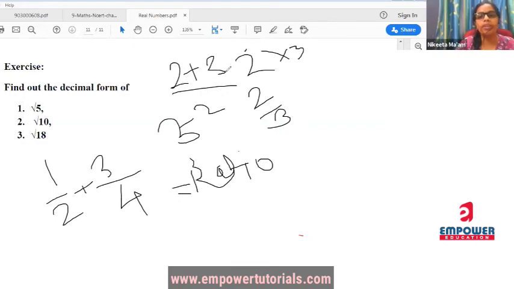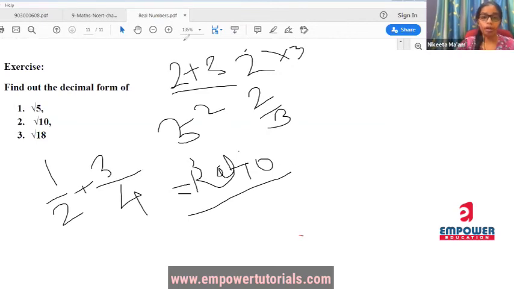2 plus 3 will be 5, 2 into 3 will be 6, 3 minus 2 will be 1, 2 by 3 will be some 0.66, again a rational number, in non-terminating recurring form. So when I do operations on rational numbers, I will get the answer in rational number form.